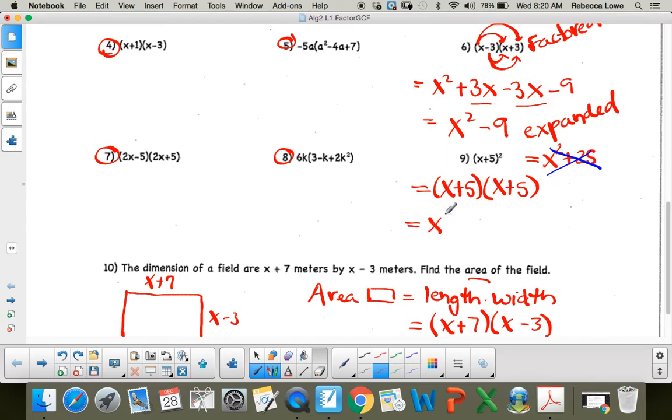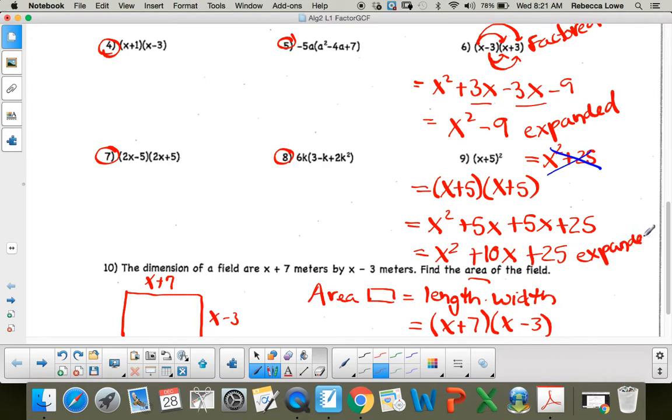And you would get x squared plus 5x plus 5x plus 25. And then you add the middle terms and you get x squared plus 10x plus 25. So there it is in expanded form here, and then this here is factored form. Make sure you know both of the forms, expanded versus factored.